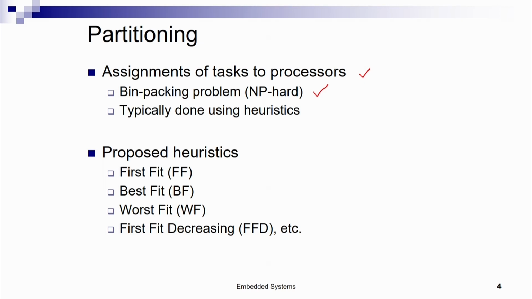So, therefore, people typically use heuristics to solve the bin packing problem, and there are a few very well known heuristics like first fit, best fit, worst fit and first fit decreasing.